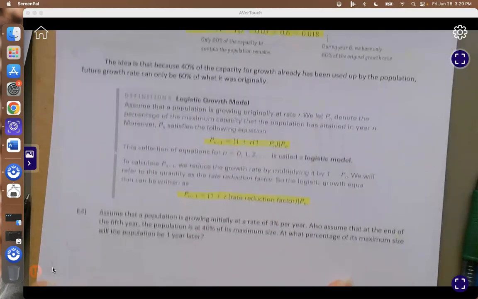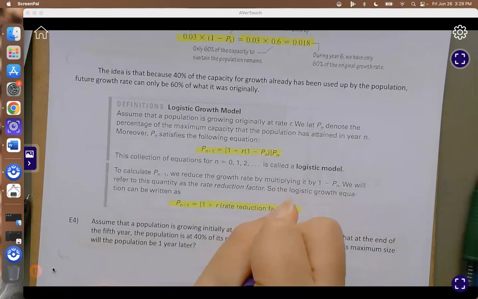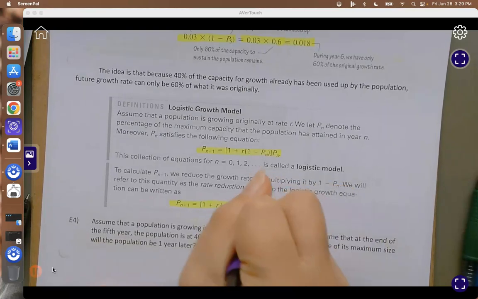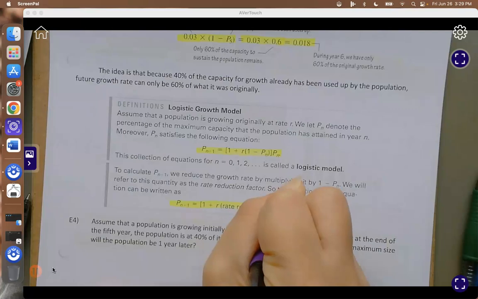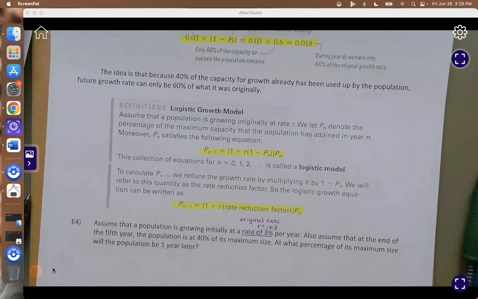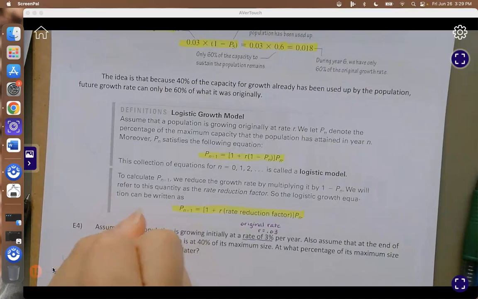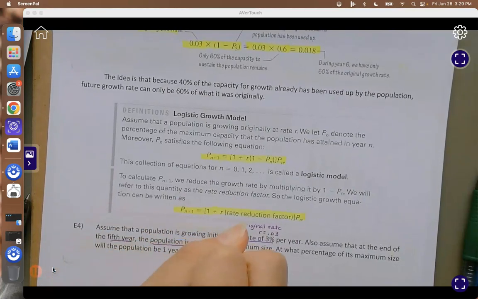Assume that the population is growing initially at a rate of 3%. So this is the original rate. So R is 0.03. Also assume that at the end of the 5th year, the population is at 40% of its maximum size.